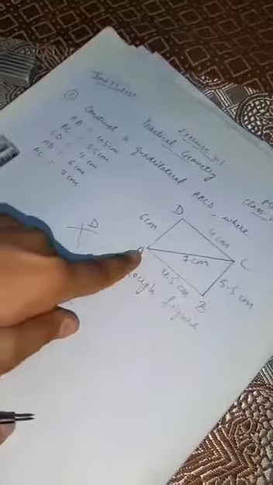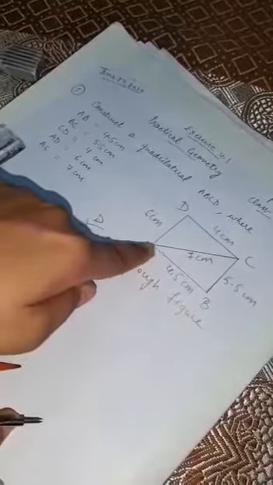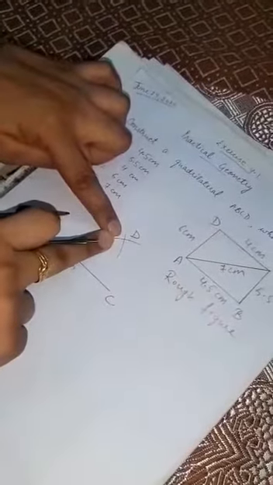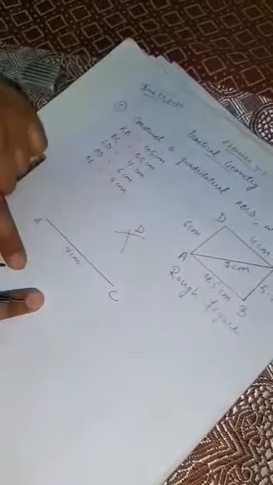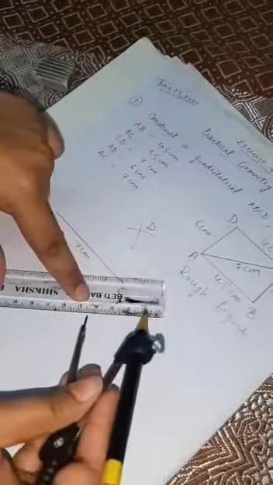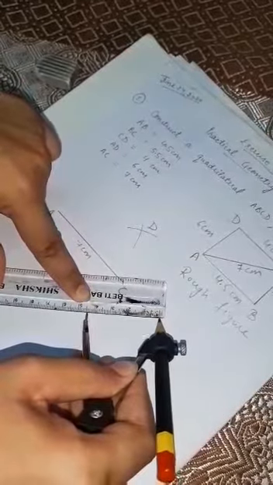Okay, so AB is 4.5. That means from point A we have to draw an arc of 4.5 centimeters on the other side of AC. On one side of AC there is point D, on the other side of AC there will be point B. That means from point A let's draw an arc of 4.5. So measure 4.5 on the scale with the compass.